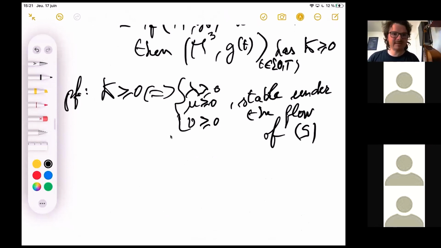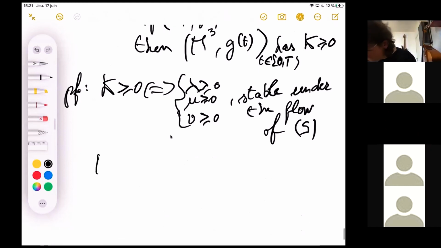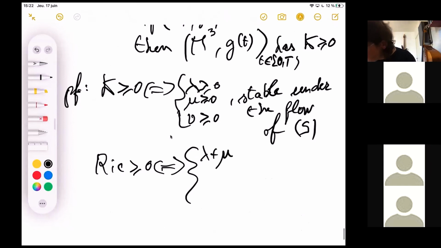Okay, so I have 10 minutes left. That's not enough. So Ricci curvature, it's more or less the same business, but you need to translate that. And it's a sum of two sectional curvatures, which is positive, so that gives you that.